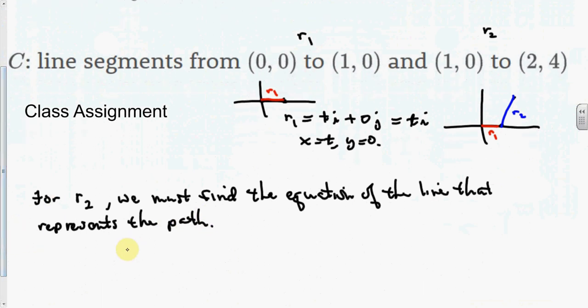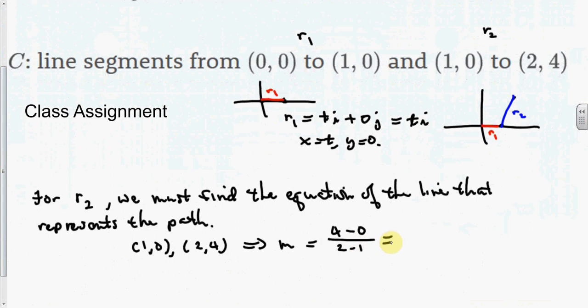So if we're given 2 points, we can find the slope. Right? I'm given 1 comma 0 and 2 comma 4. This implies that the slope is equal to 4 minus 0 over 2 minus 1. So here, I just get 4 for the slope.